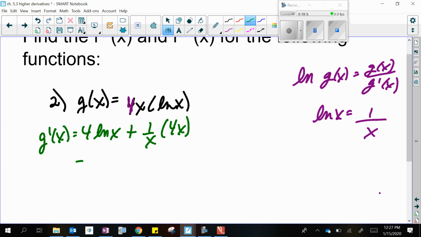Okay. Now, how does that simplify? Can we do anything with this first term, 4 ln x? No, right? That stays. What can we do with the second term? When we multiply these, the x's cancel, right? Because we end up with 4x over x, so the x's cancel, so we get plus 4. So that is our first derivative, sorry.